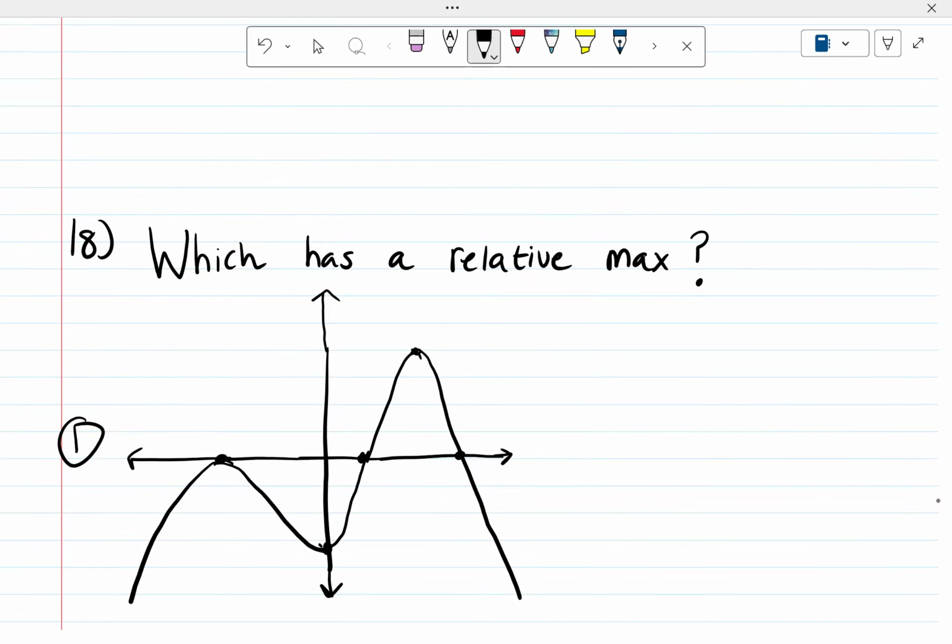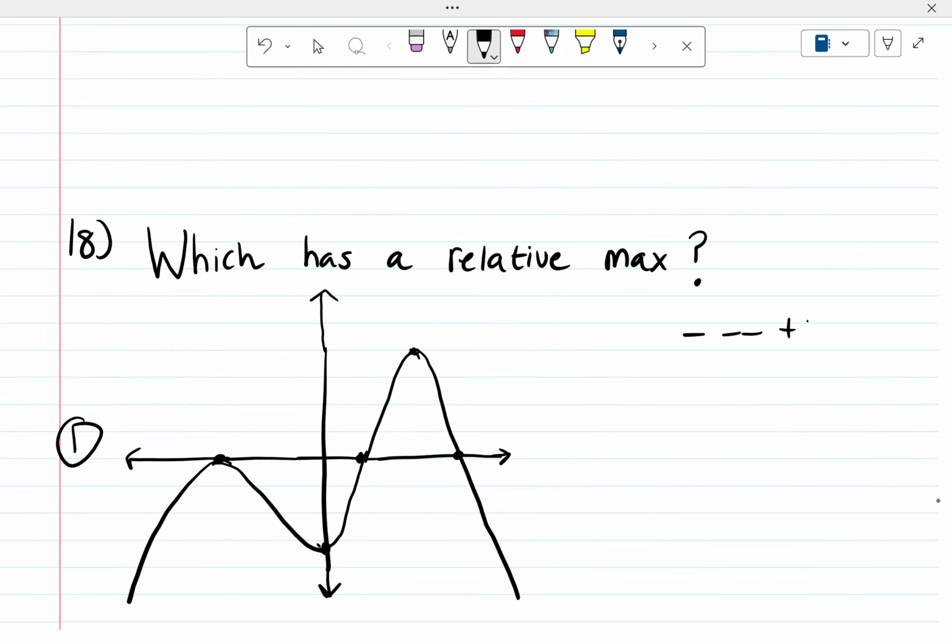If you look at your sign chart, a minus to a plus is a minimum, and from a plus to a minus is a max. So if they're asking for a relative max, we have to follow this sign change from a plus to a minus. So let's look at graph one. When you're going downhill, it's a minus, and when you're going uphill, it's a plus.